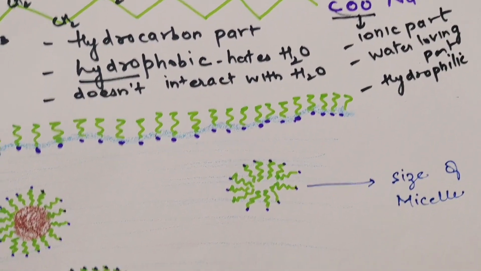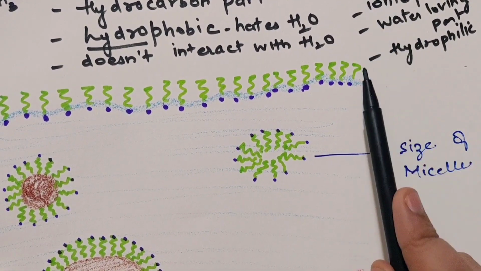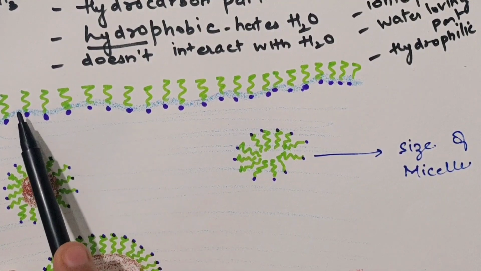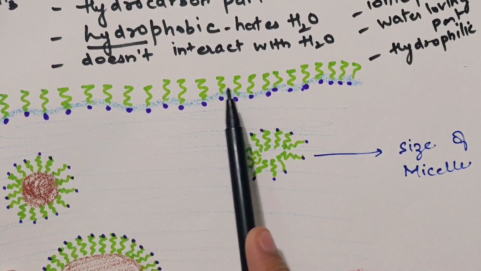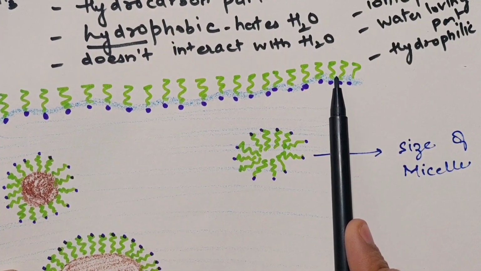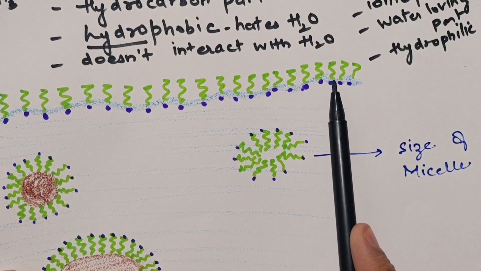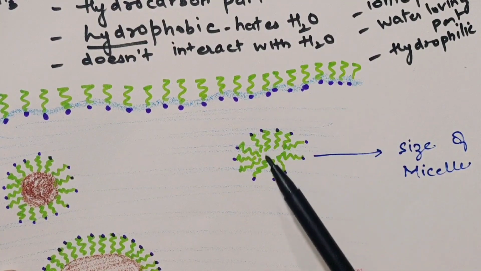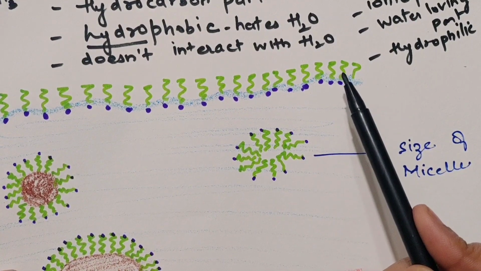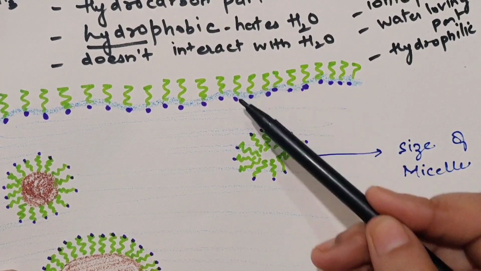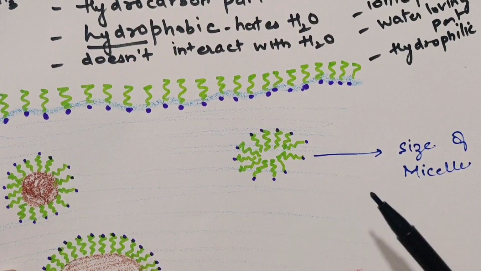It would want to avoid water as much as possible, so this hydrophobic part would remain at the surface of water. But there would come a time where the concentration of soap is so much that it has to get inside the water. Some of it would still remain on the surface, but some of it would have to get inside. And when inside the water, it would want to avoid water.